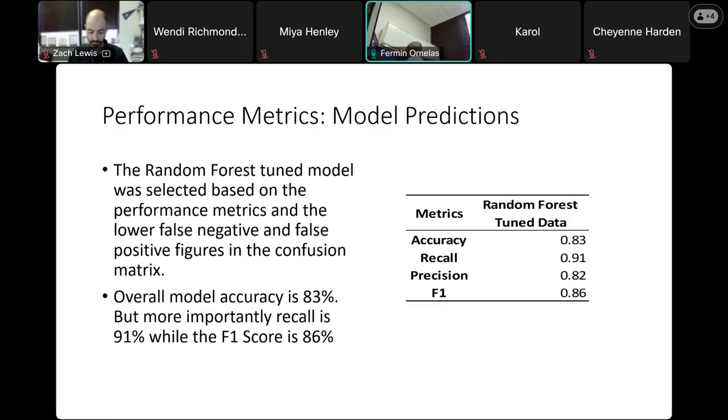So in terms of, again, I'm summarizing here the metrics. When a model gets built, these are the metrics that tell you how good a model is. Accuracy is 83%, recall is 91, precision is 82, and the F1 score is 86%.